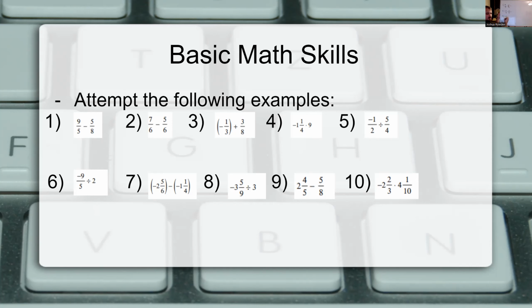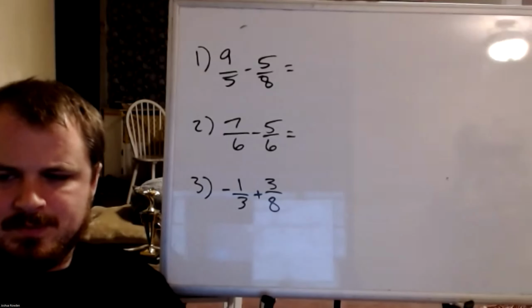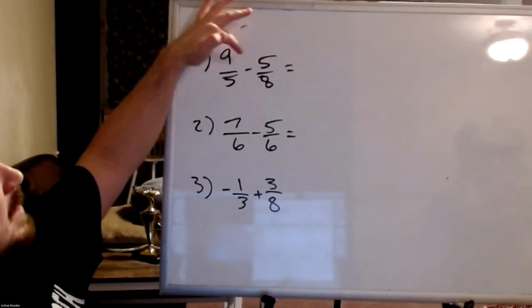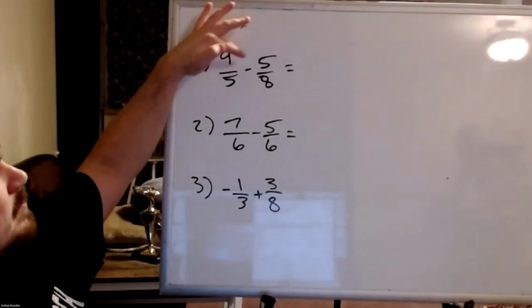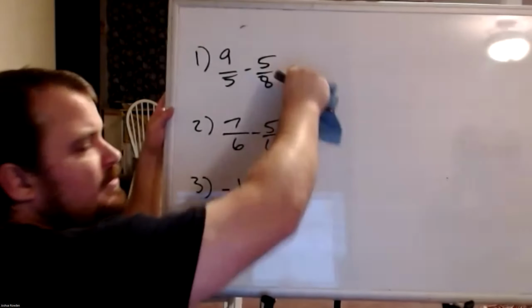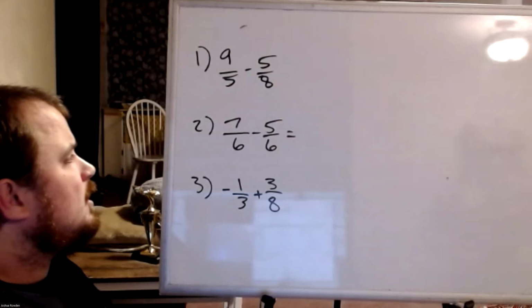Negative 1/3 plus 3 over 8. I'll do these 3 and then I just want to make sure I have enough room. Okay. 9 over 5 minus 5 over 8. In fact, I'm not even going to have the equal yet. I'm glad I only wrote 3 because I'm going to want some room for these.